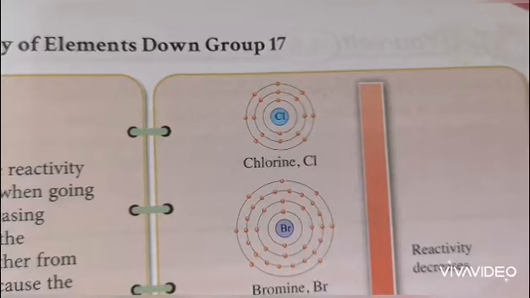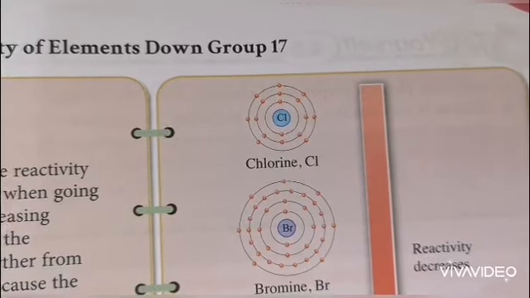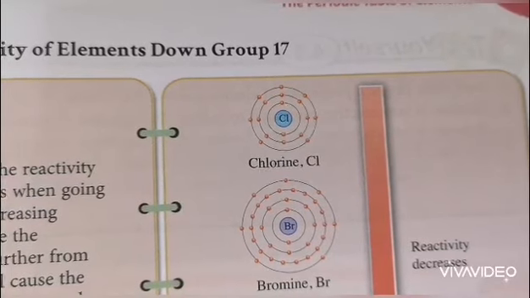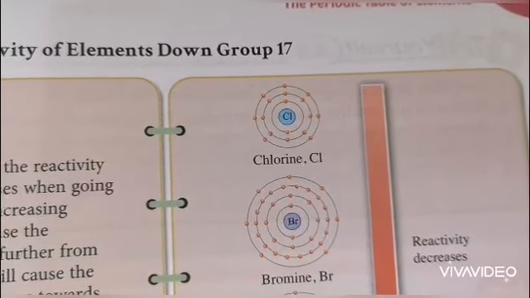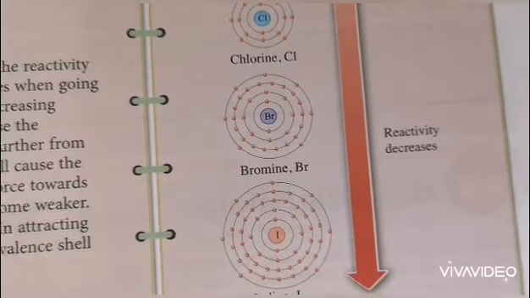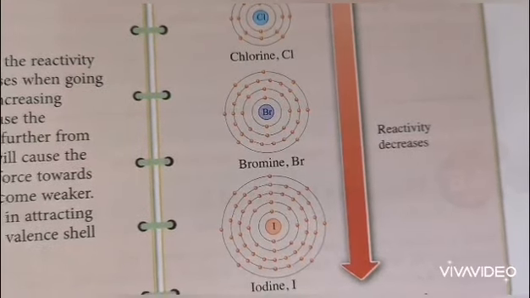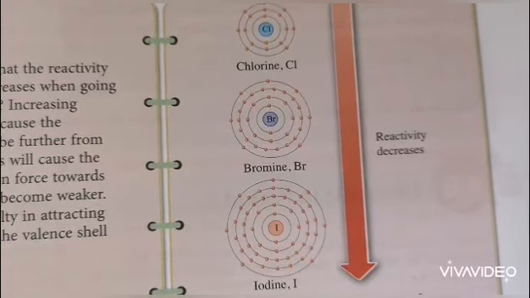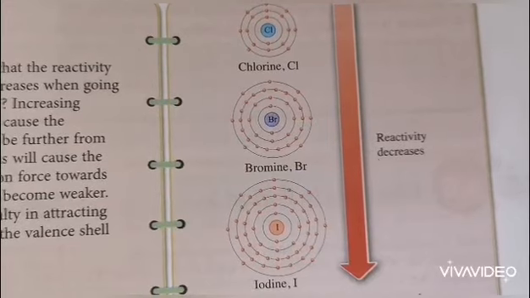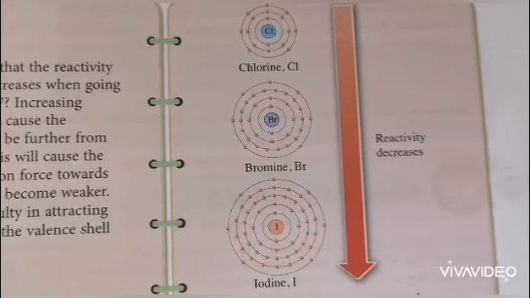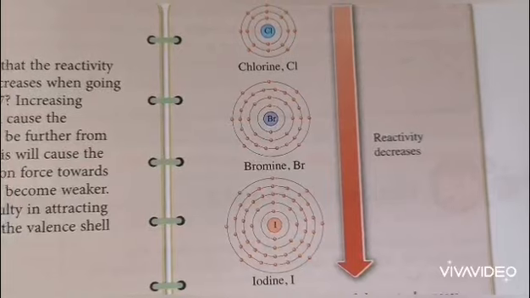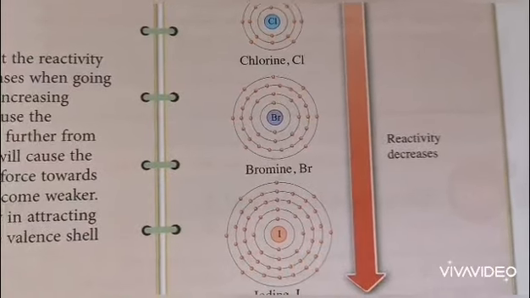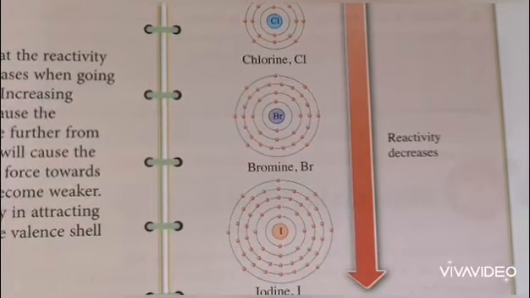So chlorine atom will receive 1 electron to achieve stable octet electron arrangement. Bromine atom same, 2.8.18.7. Okay, so valence electron is 7. Therefore, bromine atom wants to receive 1 electron to achieve stable octet electron arrangement.